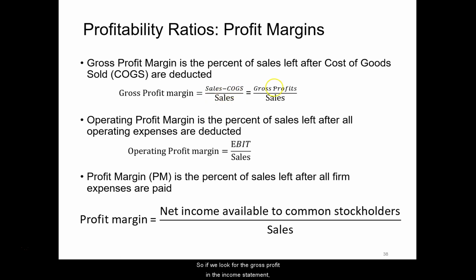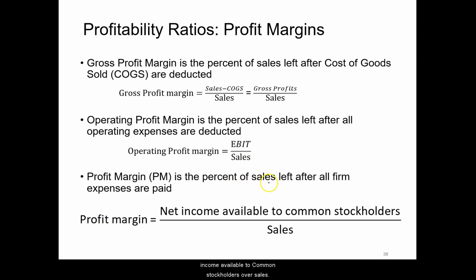So if we look for the gross profit in the income statement and compare that with the sales, we get the gross profit margin. Operating profit margin usually is calculated by the operating profit, or say the EBIT, divided by the sales revenue. Net profit margin is net income available to common stockholders over sales.